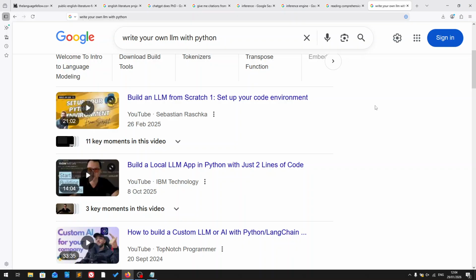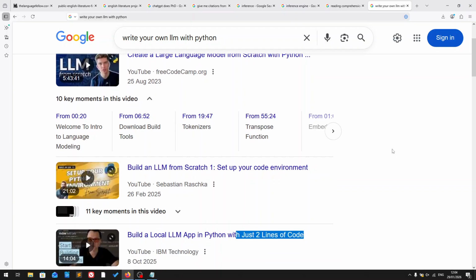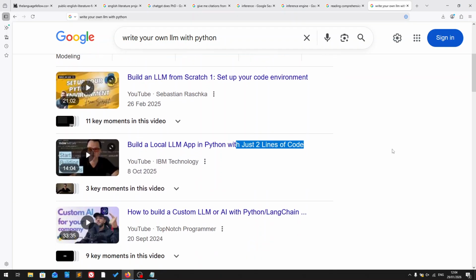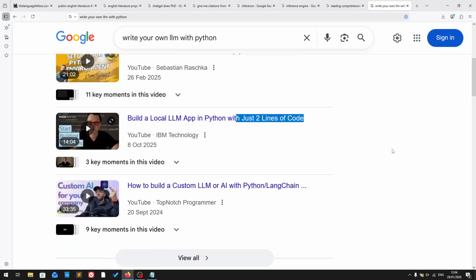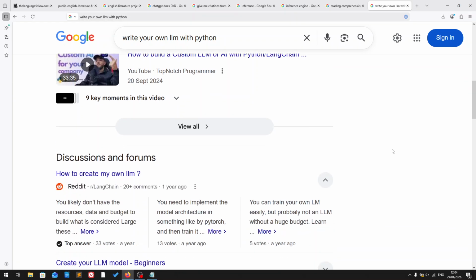It's not build a local LLM app in just 2 lines of code. Yeah. So you see how easy it is. You don't have to watch a video 5 hours 43 minutes long, 6 hours long. It's just 14 minutes, and you can make it with 2 lines of code.